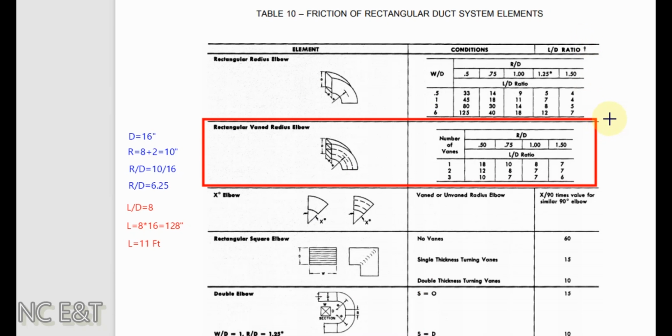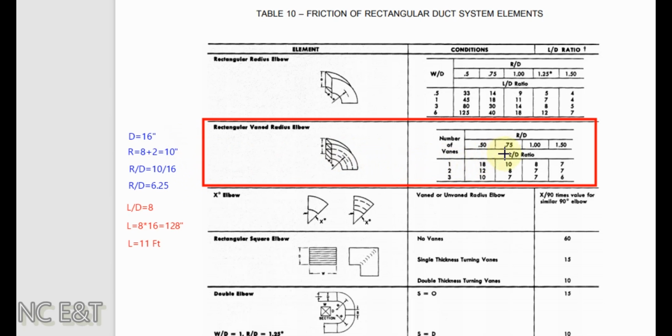Now we will calculate the equivalent length for the 90-degree elbow using Table 10 from the Carrier handbook. Assuming a short radius elbow, in our case the value of D equal to 16 inch, assuming throat radius equal to 2 inch, then the value of R will be 8 plus 2 inch. Then the R/D ratio will be 0.625.